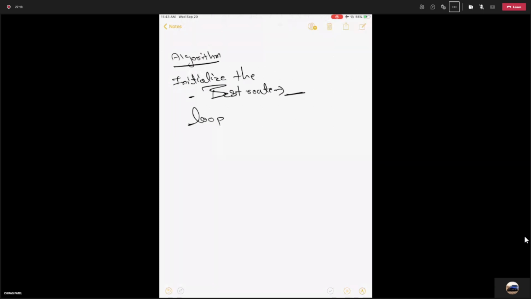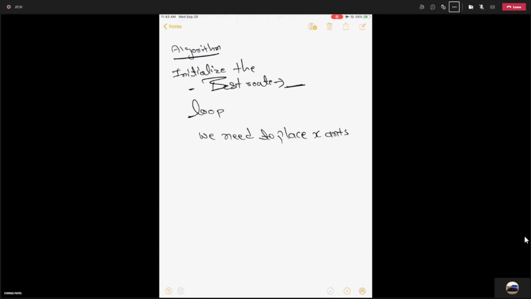Now we need to place x ants on n cities. We randomly place x ants. X is a number, how many ants you are going to place in the cities. This is the first step.